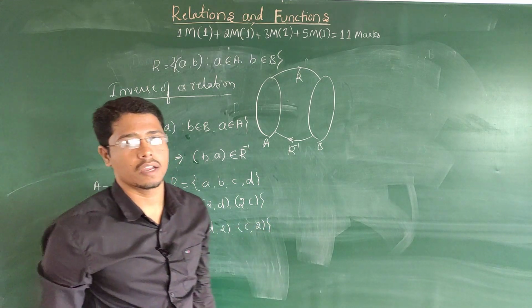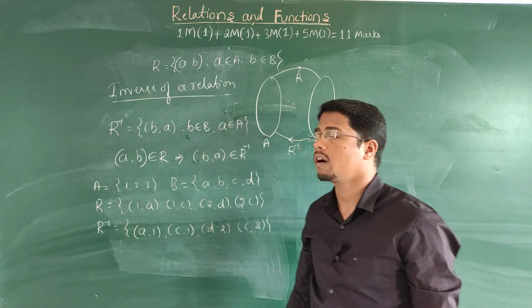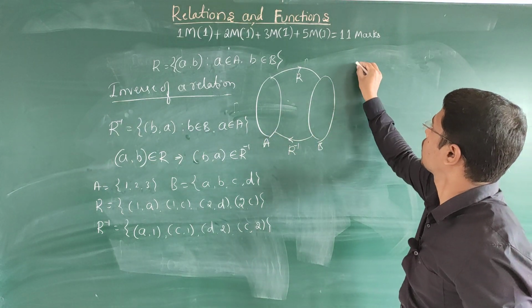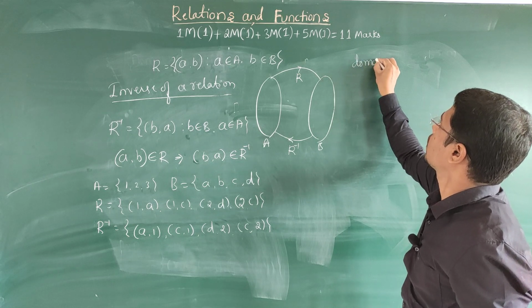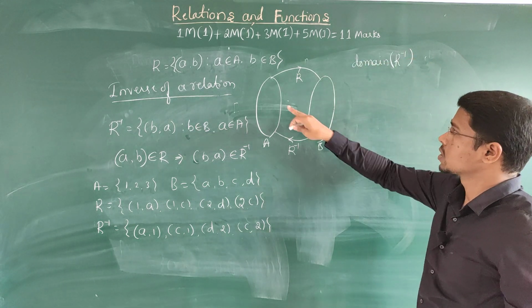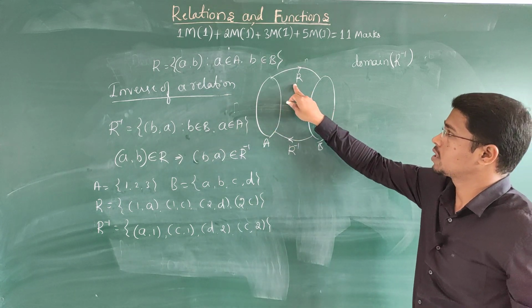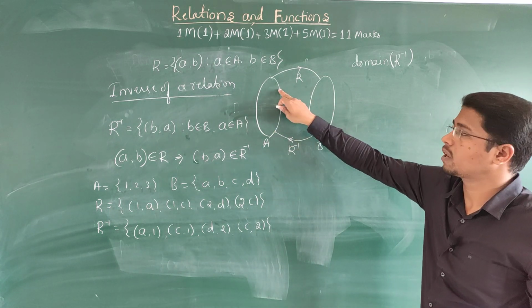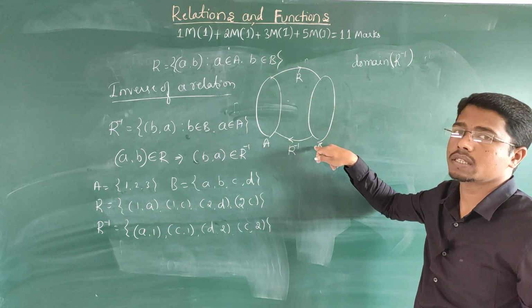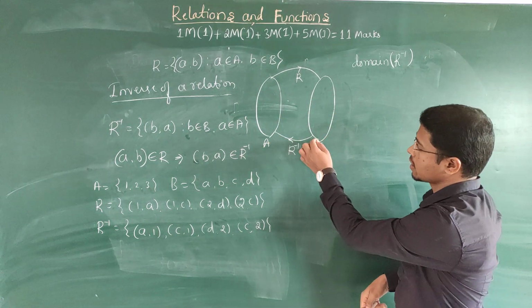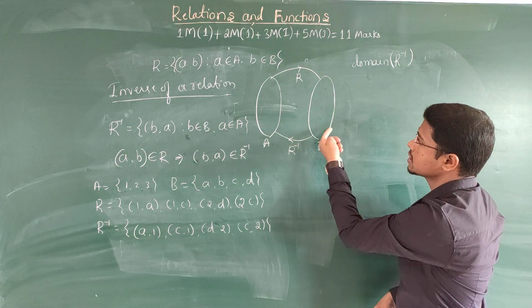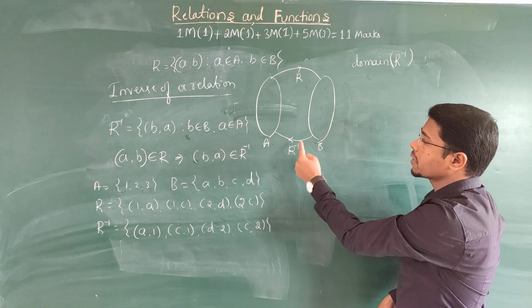Then what about the domain and range of R inverse? R is defined from A to B, and A is its domain, B is its range. Now R inverse is defined from B to A, so this is the domain of R inverse.